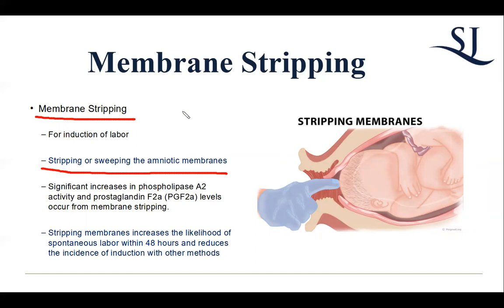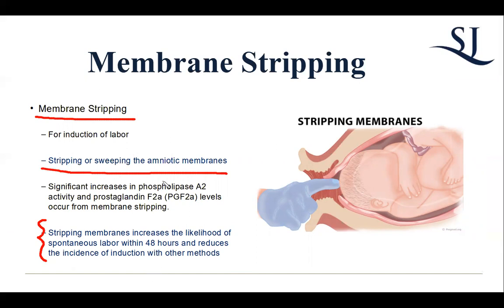But if you see a patient in clinic and she's 40 weeks, say, and you want to get things started but you don't want to admit her, you can wait until 41 weeks, when she's late term. You may do this procedure, and consistent studies show that it increases the likelihood of spontaneous labor within 48 hours and reduces the need for other pharmacologic agents.